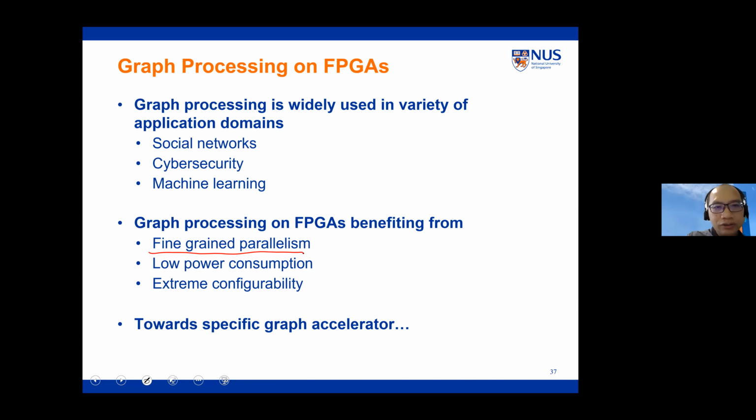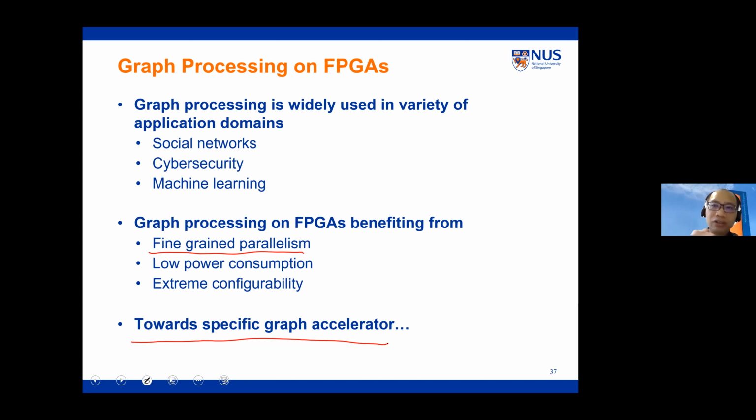And then, of course, there are some benefits of FPGA, like lower power consumption and so on. Even beyond that, we have a more ambitious plan: we want to build a domain-specific architecture on that. We have some collaboration with Huazhong University of Science and Technology in China, and we really want to tape out a chip based on the design.